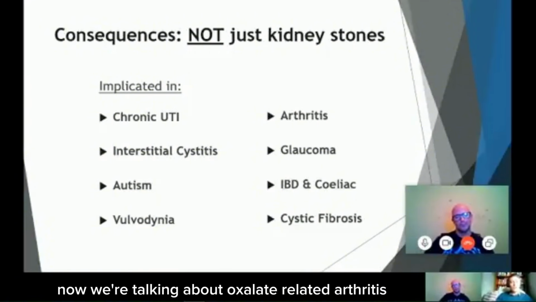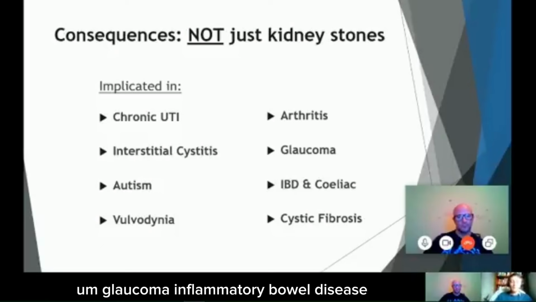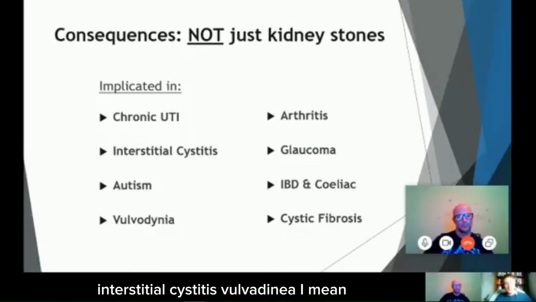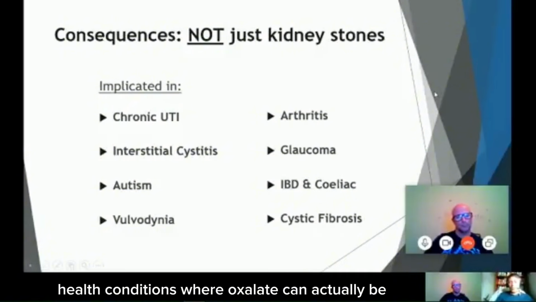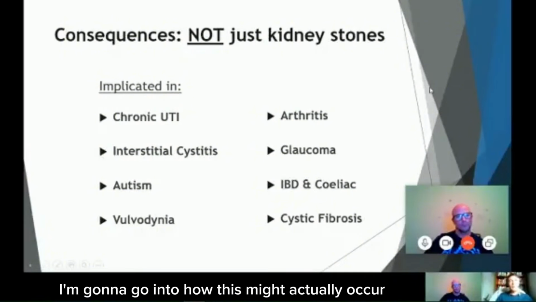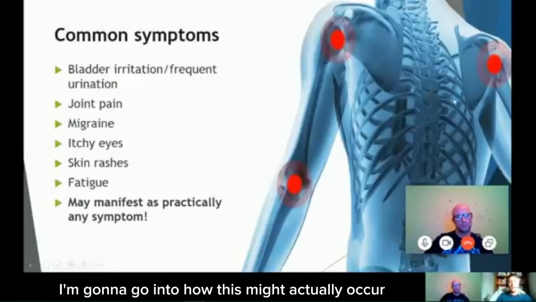We're talking about oxalate-related arthritis, glaucoma, inflammatory bowel disease, cystic fibrosis, autism, interstitial cystitis, vulvodynia. There are many different health conditions where oxalate can be a driving factor. And we're going to go into how this might occur.